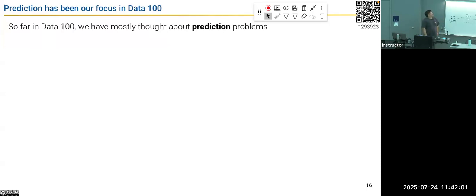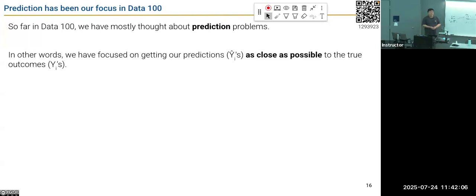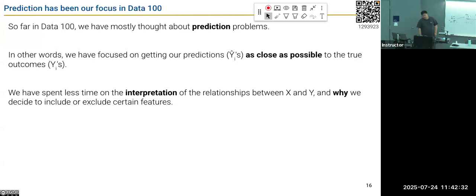Our goal in prediction tasks is always: I have some response Y, or a bunch of them, Y1, Y2, and our goal is to construct these Y hats that try to get as close as possible to the Ys. We're trying to predict what the Ys can be to the best of our abilities.